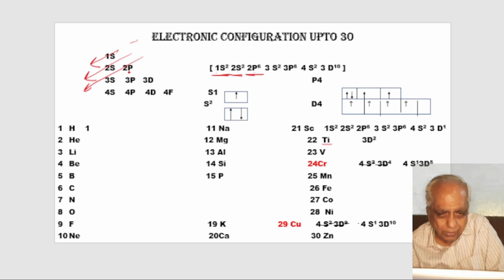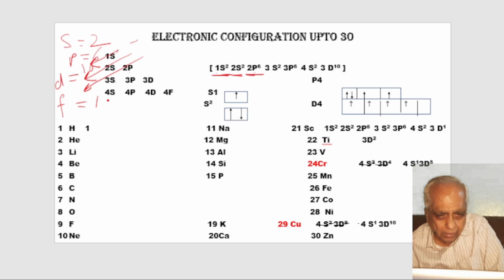So it will be 2p6, because in p block we have got 6 elements. Then 3s2. Remember, S has got 2, P has got 6, and D has got 10 transition elements, and F is 14. So this number is increasing by 2.